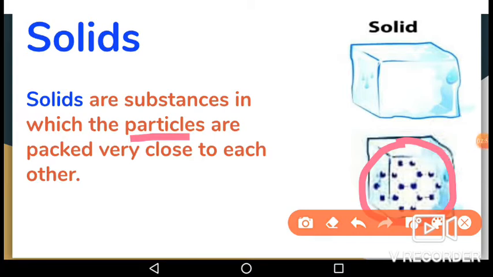Some characteristics of solids are: solids have a fixed shape, solids have a fixed volume, molecules in solids are very tightly packed, we cannot compress them, solids are heavy, and solids do not flow.